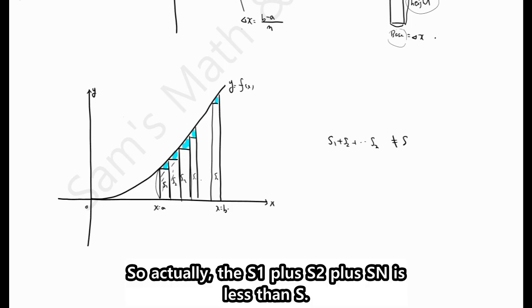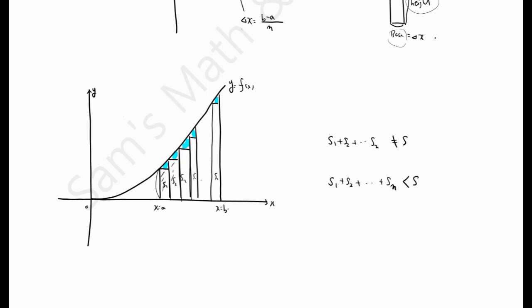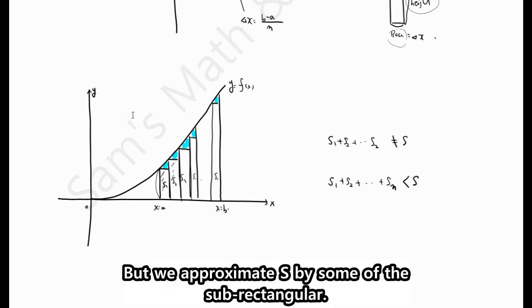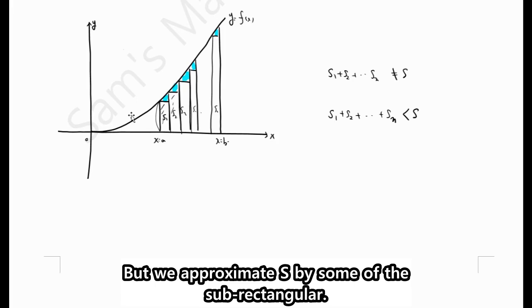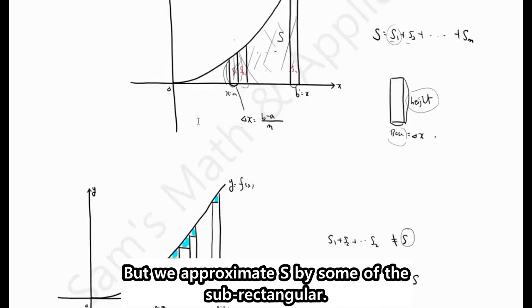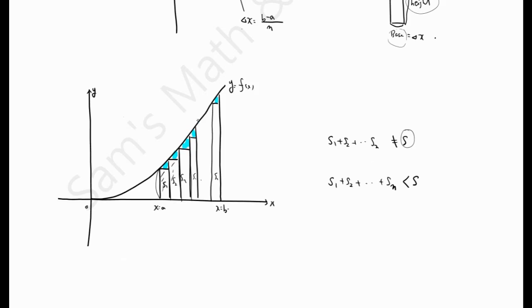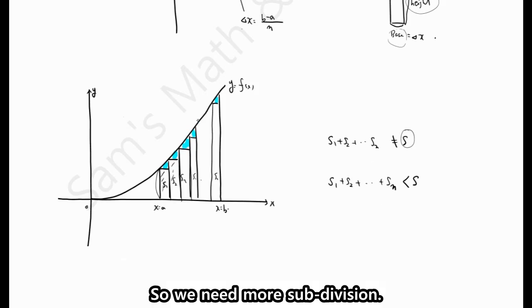Actually, S1 plus S2 plus Sn is less than S, but we approximate S by the sum of the sub-rectangles. So we need more subdivisions.